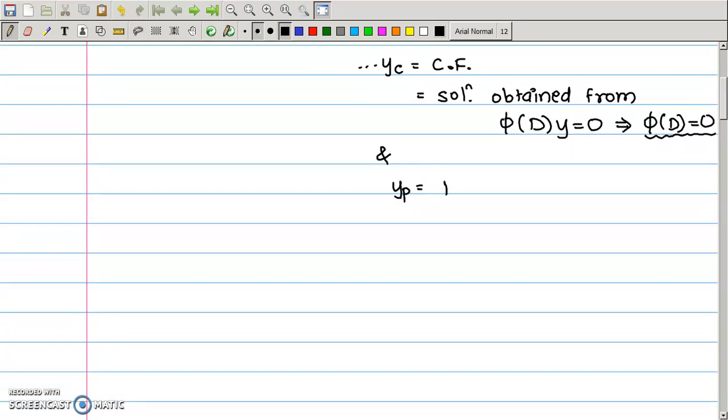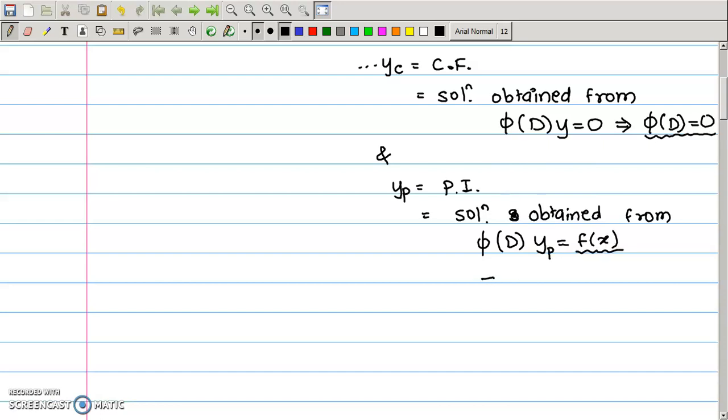And to find particular integral, that is yp, we solve the differential equation phi of D into y equal to f of x. We are using this specific function f of x.